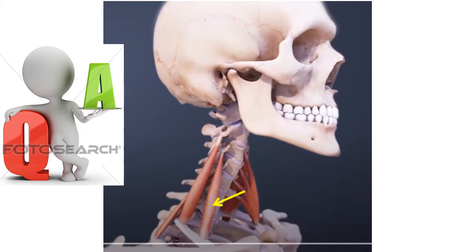It is anterior, and this group of 3 muscles is called the scalene group of muscles. So this one is scalenus anterior. Then a little bit posterior to it is called scalenus medius, and the last one, the posterior one, is called scalenus posterior.